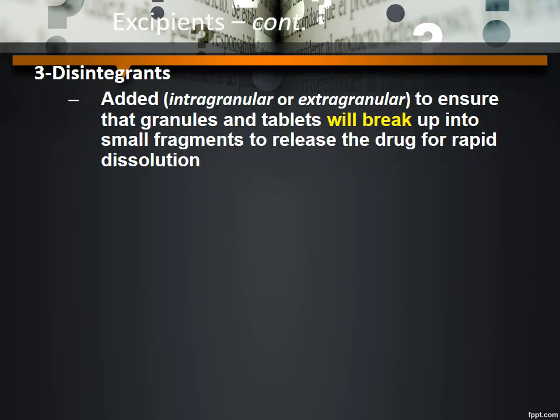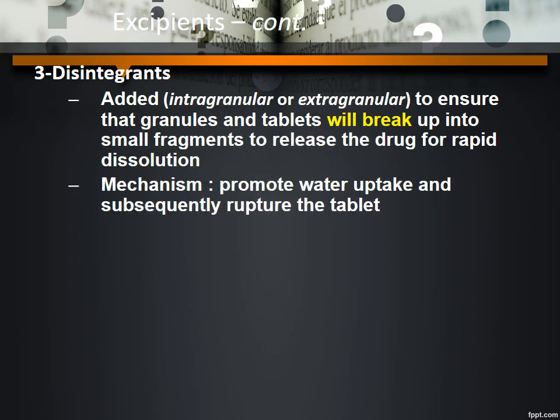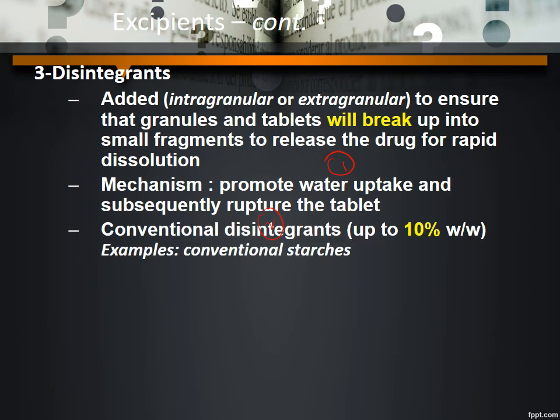Okay, so the third ingredient is disintegrant. Disintegrant is added intragranularly or extragranularly to ensure that the granule and tablets will break into small fragments to release the drug for a rapid dissolution. The mechanism of the disintegrant is to promote water uptake first, and then they rupture the tablet.